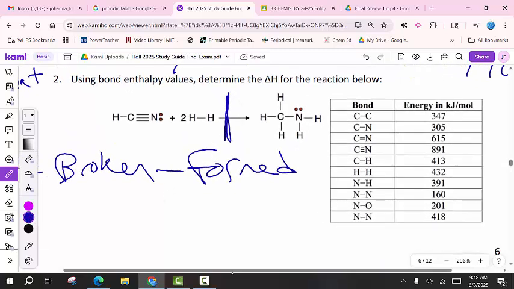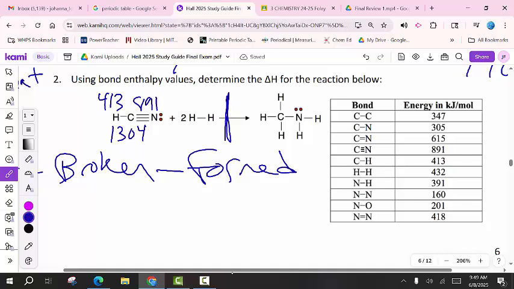So C-H is 413, and then C-N with a triple bond is 891. So I'll just add those two numbers up for those two bonds. So 413 plus 891 adds up to 1304 for this molecule.